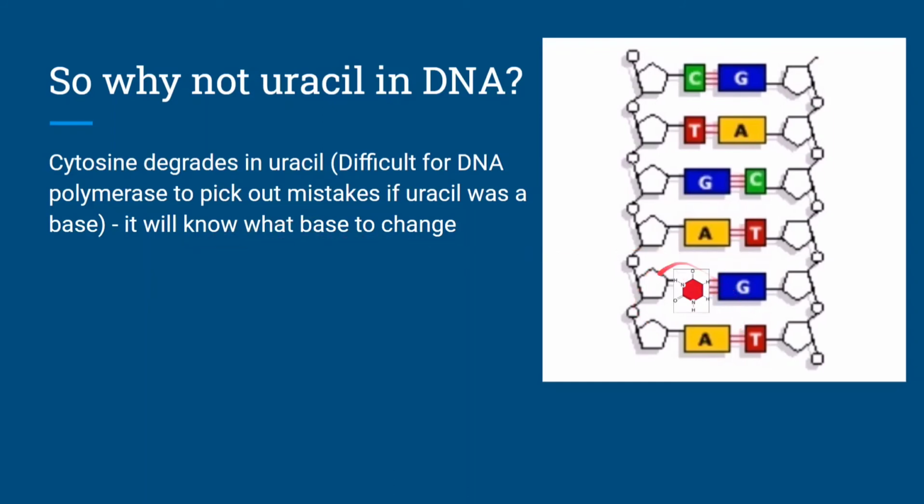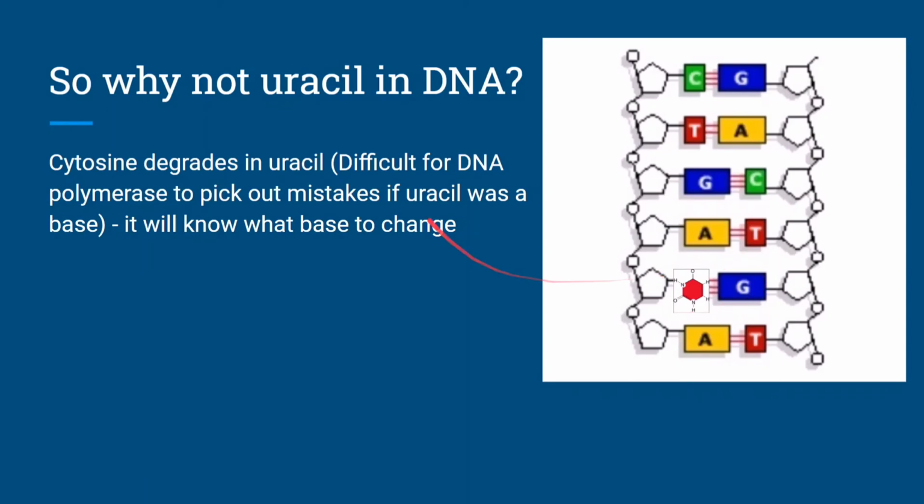So if you see here, this cytosine has degraded into uracil. If DNA polymerase came along and saw that there was a mutation in this base pairing, if uracil was a base pair in DNA naturally, it wouldn't know which one, the uracil or the guanine, had been a mutation, so it wouldn't know which base to change back.